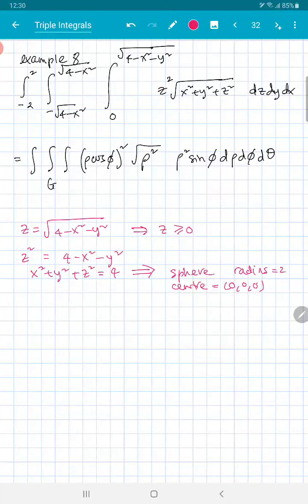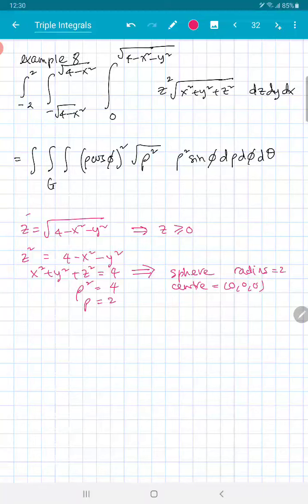If we change this to spherical coordinates, on the left hand side it's rho squared, on the right it's 4. Simplifying, we get rho equals 2. So the equation of the sphere is rho equals 2. But remember, the original upper limit for z is larger than or equal to 0, which means that we don't take the whole sphere. We only take the part where z is positive, that would be the upper hemisphere.